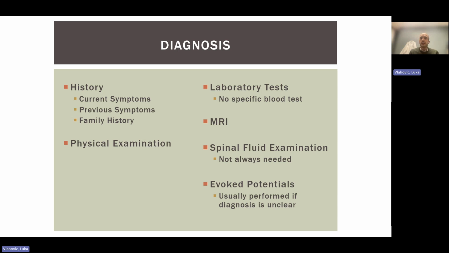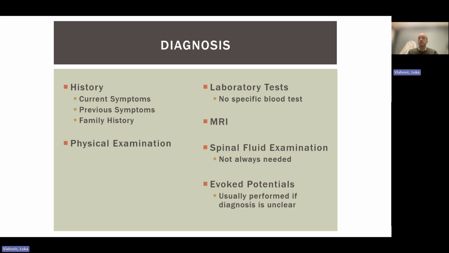And then MRI is extremely important these days. It will be impossible, not completely, but in the vast majority of cases, to diagnose MS without having MRI. So these are really the most important: clinical history, examination, and MRI.